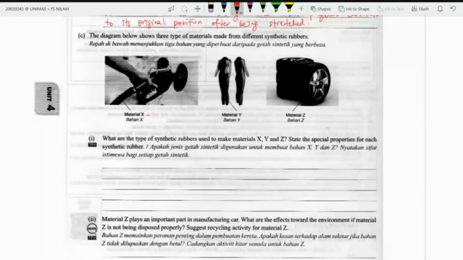Adeline, good. It is Thiokol. Material Y, swimming suits, right? Neoprene. Okay, very good.